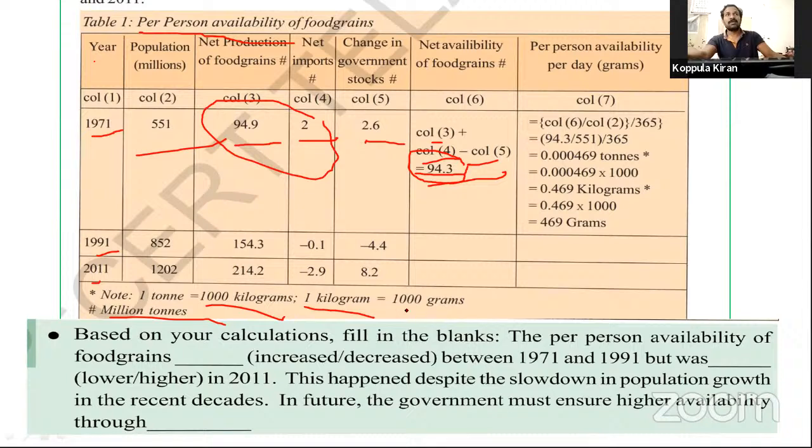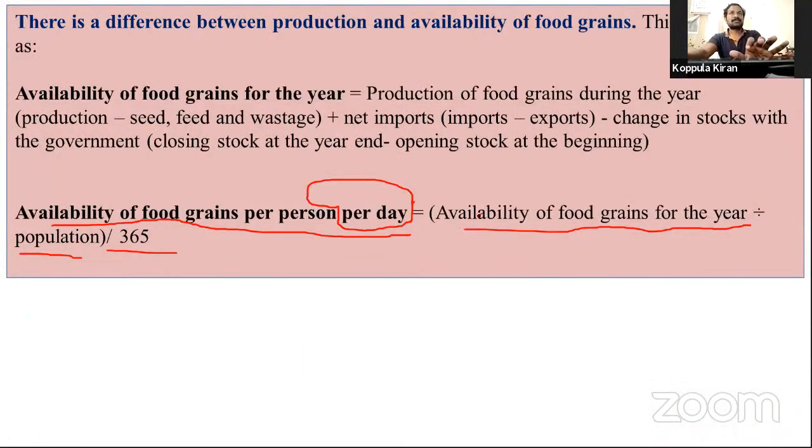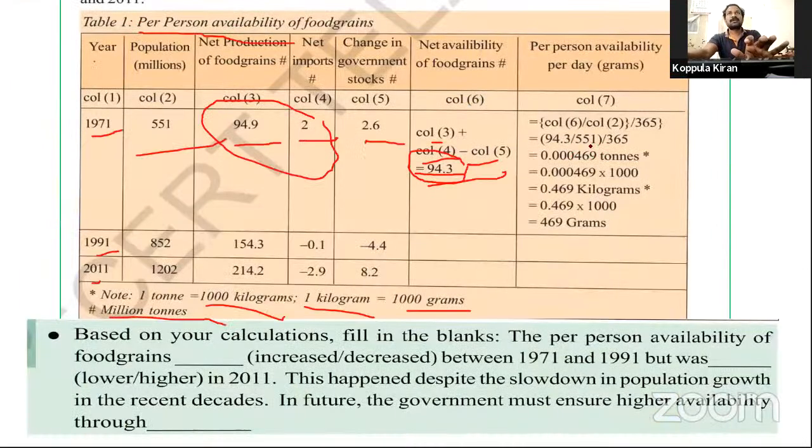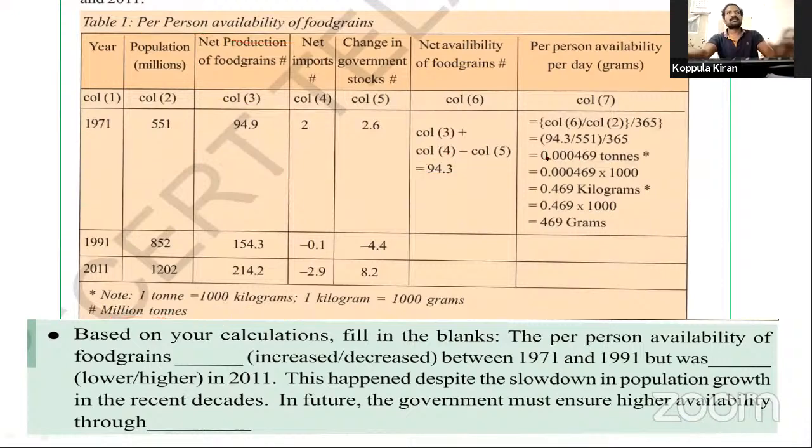1 kilogram equals 1000 grams. We have already discussed this previously: the availability of food grains for the year divided by population, divided by 365 days. Same here, we are calculating. This is the total availability of food grains.